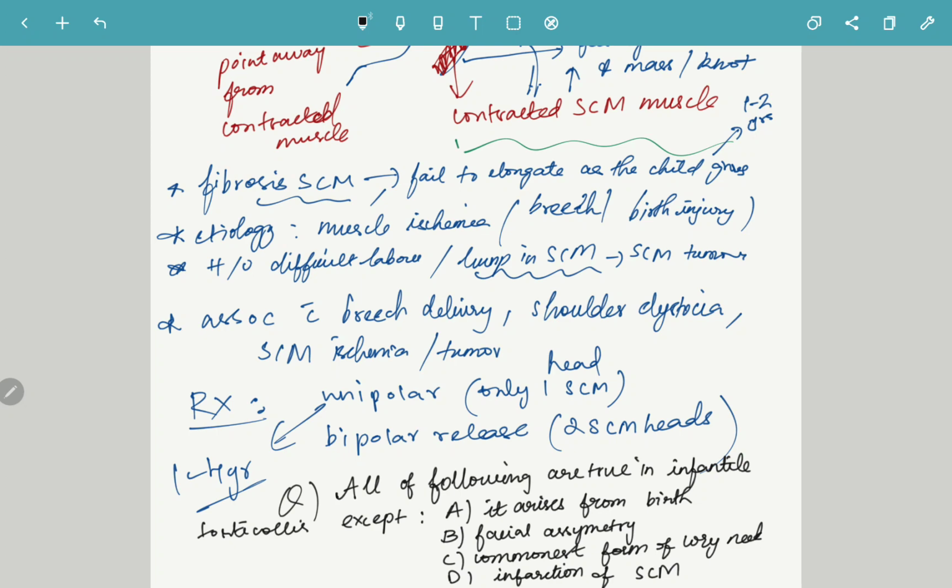Infarction of sternocleidomastoid or a sternocleidomastoid tumor is also true. But it arises from birth, no. This deformity will be apparent only during 1 to 2 years of life. Generally there is only a history of difficult labor followed by a sternocleidomastoid tumor which can resolve spontaneously. So it's not always that it arises from birth; it's generally seen after birth also. So the answer will be the first option.